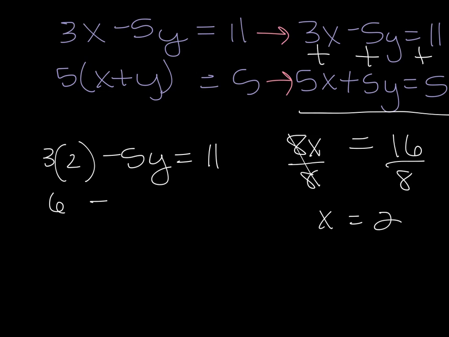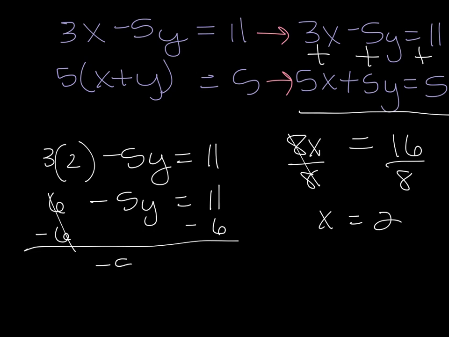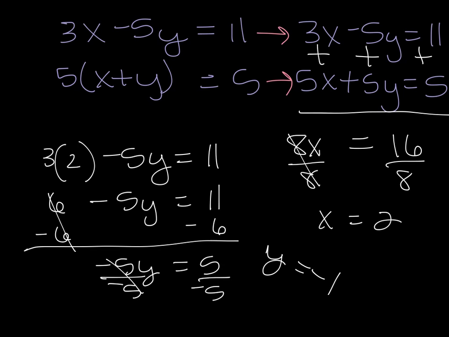We get 6 minus 5y equals 11. Subtract 6 from both sides, and we get negative 5y equals 5. Divide both sides by negative 5, and we get y is equal to negative 1. So my answer is (2, negative 1).